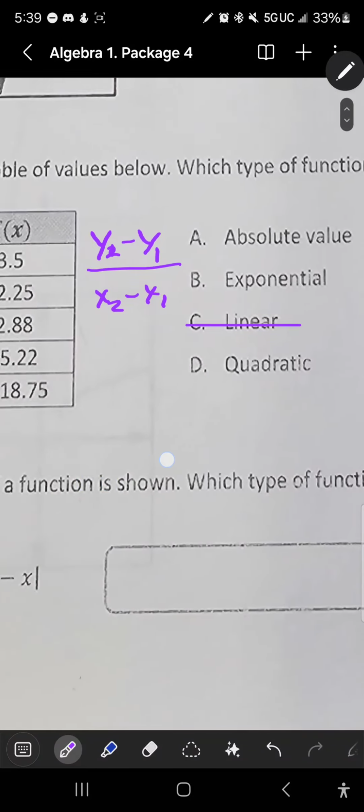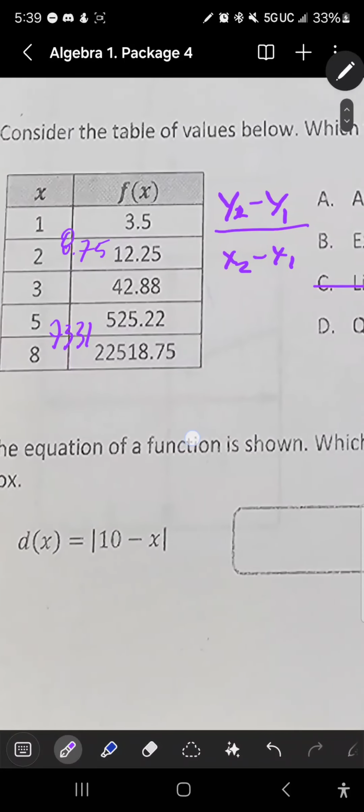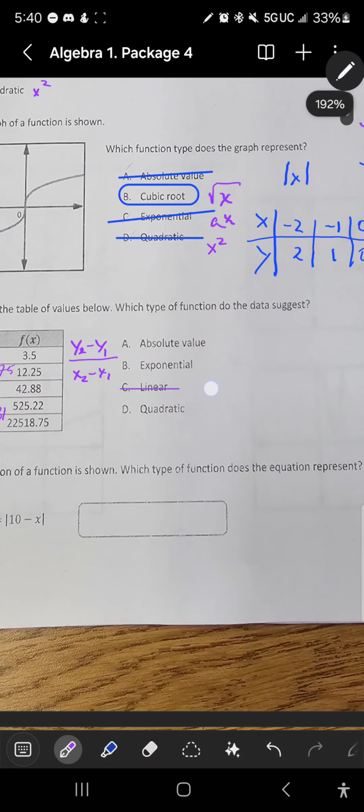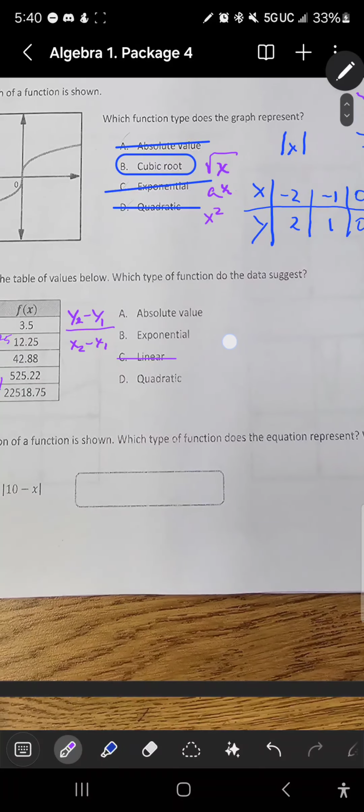Now, quadratic. Something that we can do is actually plug in the data. That's going to be my second approach. So let's do that.